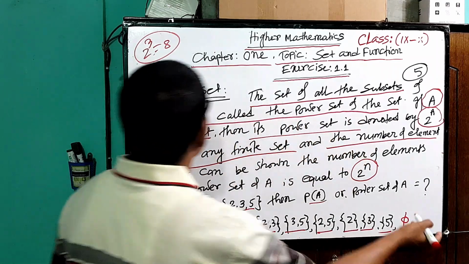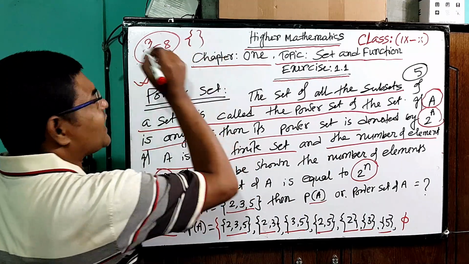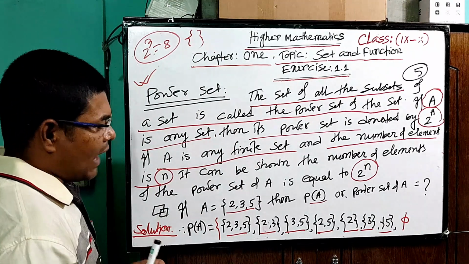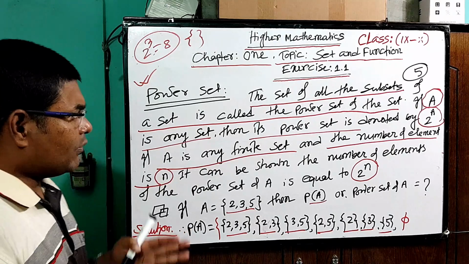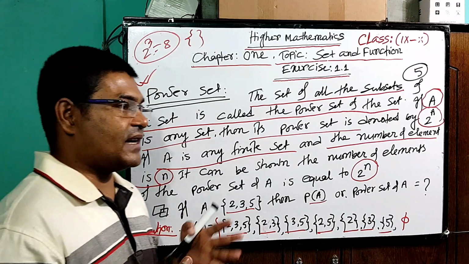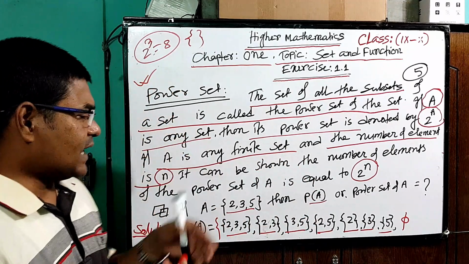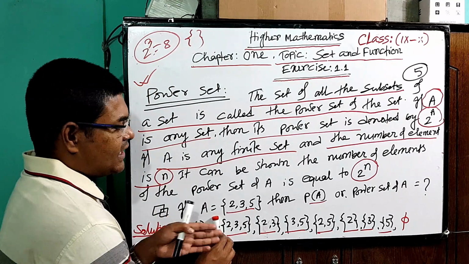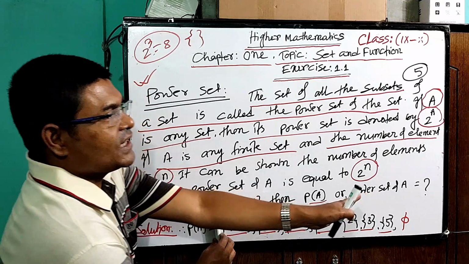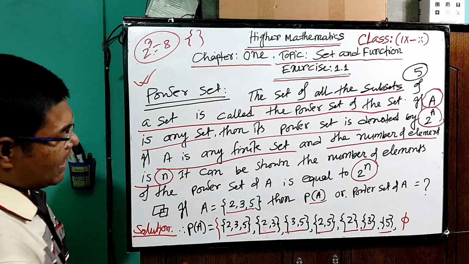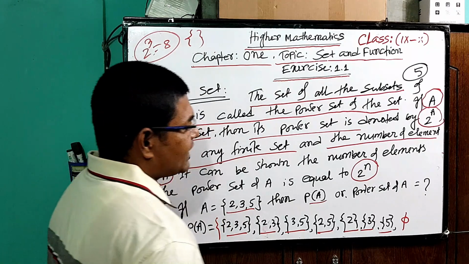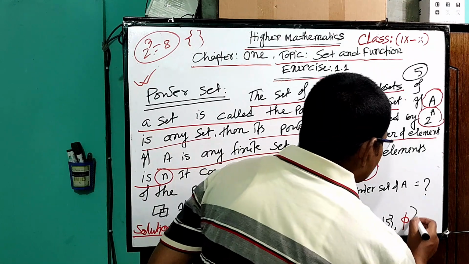You can use this or second brackets. Be careful. What is the difference between subset and power set? For subset, if the bracket is missing, then these are the subsets. But for power set, you have to use a second bracket at first, and the last one will also be a second bracket.